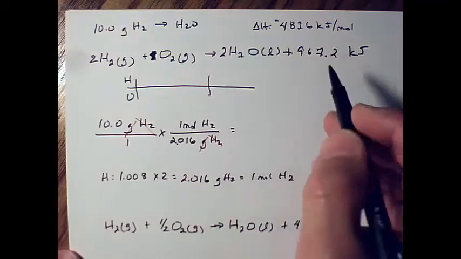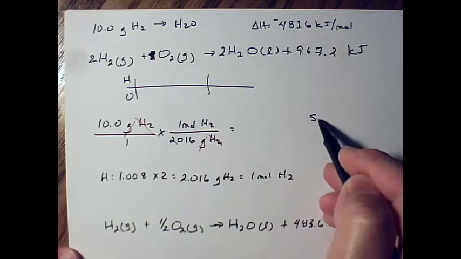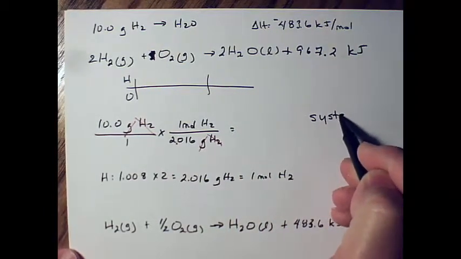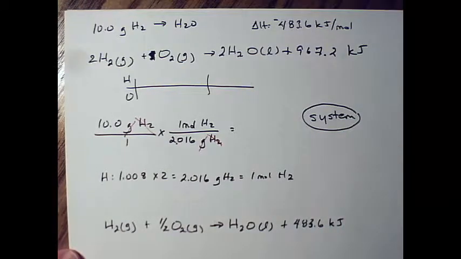Now, remember, the reason the delta H is negative here is because in the system, energy is leaving the system. The system is wherever the chemicals are. It's the actual chemicals themselves, the bonds between the chemicals, the reaction between the chemicals.